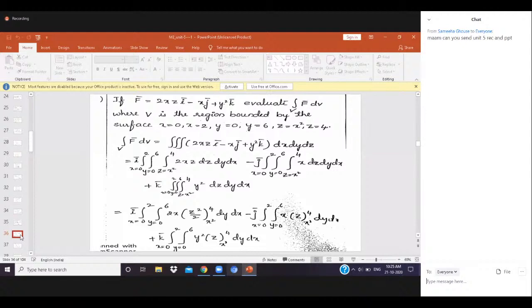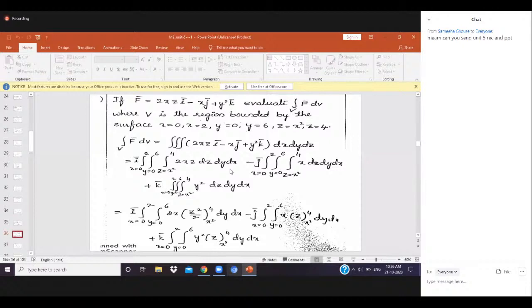For that we are calculating f bar dot dV, where f bar is the given value and dV is dx dy dz. Because we have i bar, j bar, k bar terms, we are separating the i bar integration, j bar integration and k bar integration. Just go through the slides once, then only you will be able to understand. For the i bar part we write the triple integration of 2xz dz dy dx.